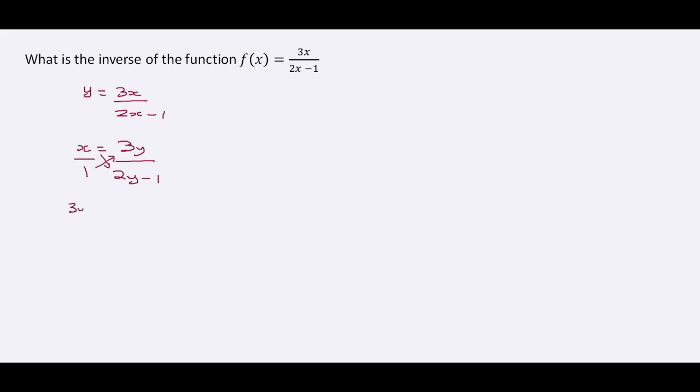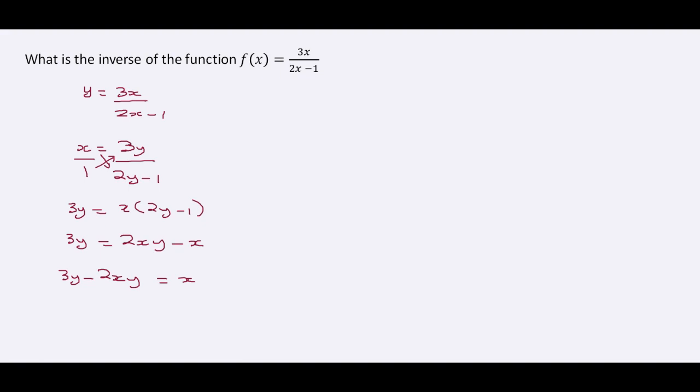So 3y is equal to x multiplied by 2y minus 1, which is 3y equal to 2xy minus x. We're going to group all the variables with y together. So we have 3y minus 2xy equal to x.